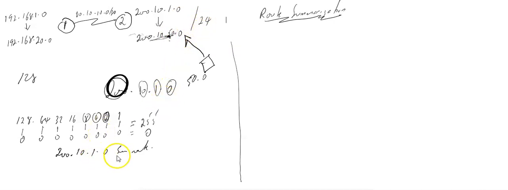Because of this summary route, you are going to be generating a summary mask with it. The summary network will not have the same subnet mask that all these 50 routes have. We are going to generate a different subnet mask, which is the summary mask, for this address here that you're using.